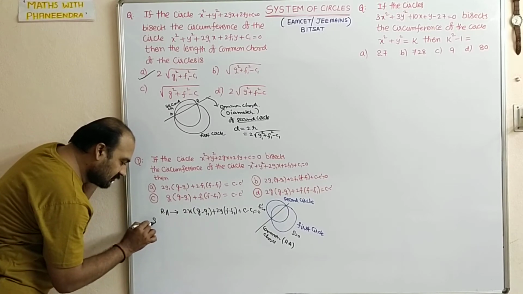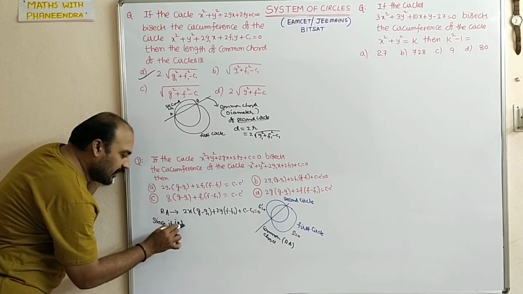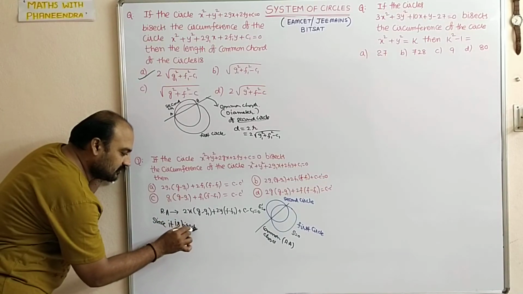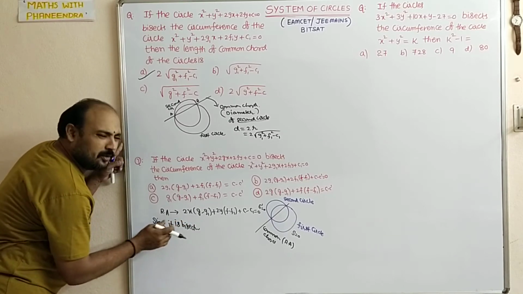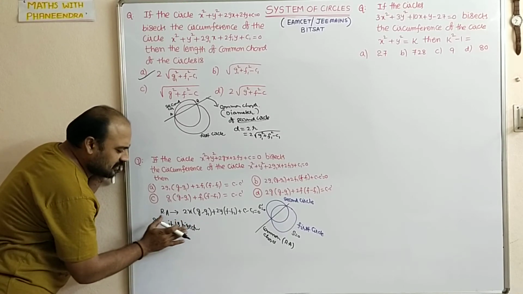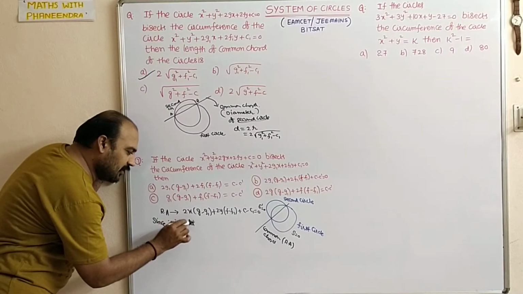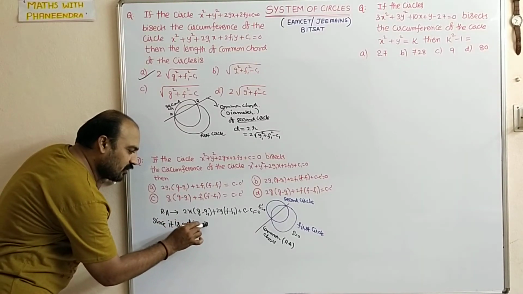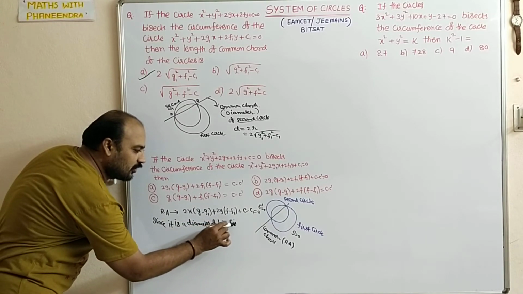Since it is bisecting the first circle, no need to write bisecting at all. Since it is a diameter of the second circle, since it is a diameter of the later circle, meaning the second circle, you remember.